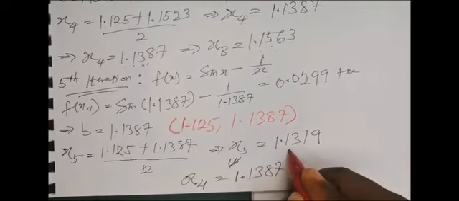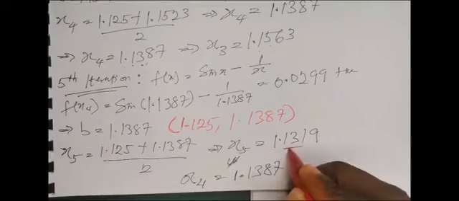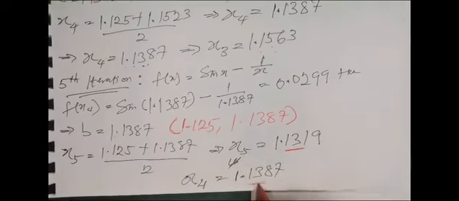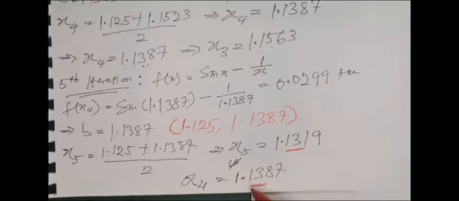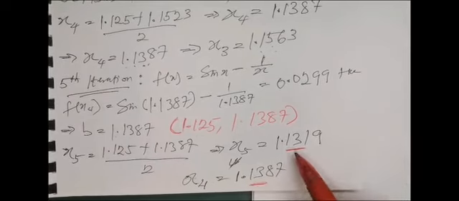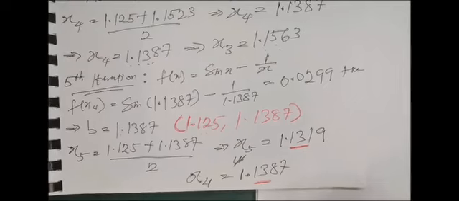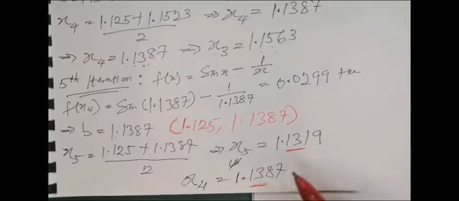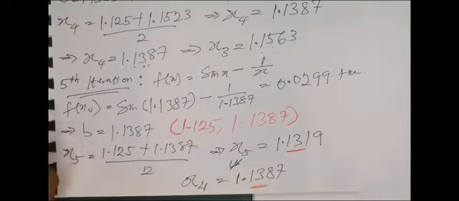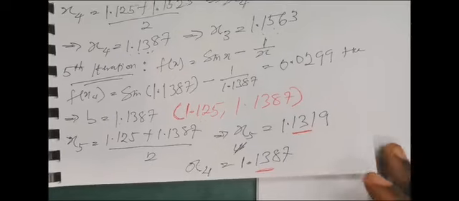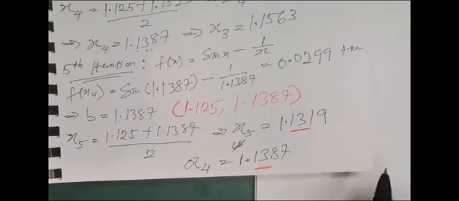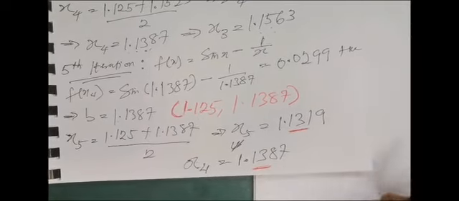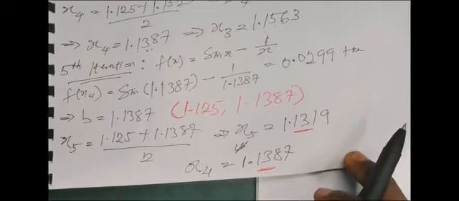So after 2 decimal places it has converged. We have there 1.13 and we have there 1.13. Comparing this to the previous root, we have 1.13, 1.13, which means the root of the equation has converged and it is simply 1.13. So that simply means that the root of the equation is 1.13, and that's where the solution ends.